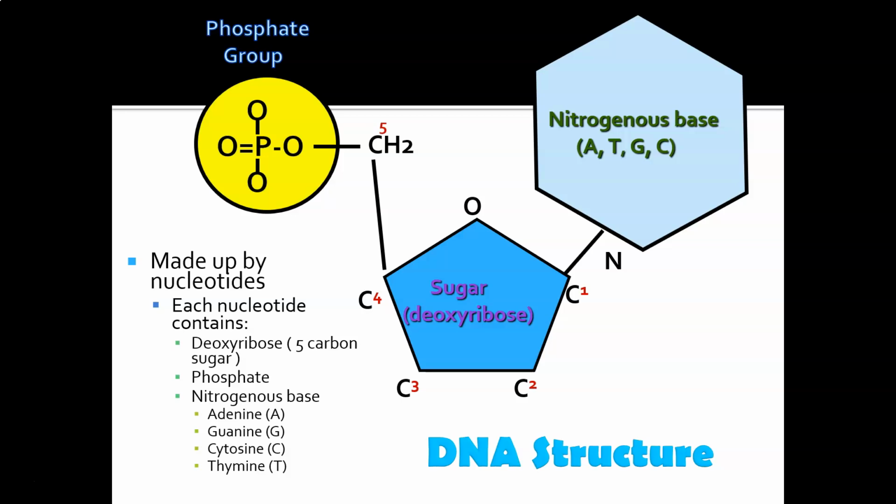Now, when we look at your phosphate group, this is going to be identical in DNA as well as RNA. The sugar here, because we're talking DNA, is deoxyribose. And actually, the only difference between the deoxyribose here in DNA and the ribose that we see in RNA has to do with what comes off of this second carbon.